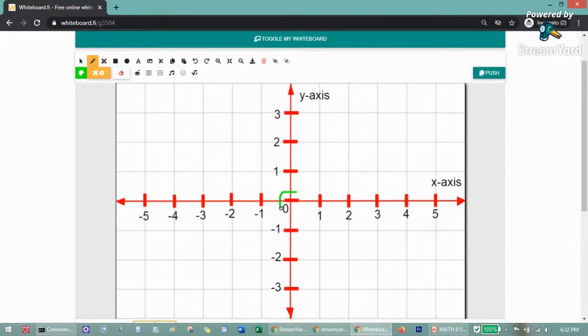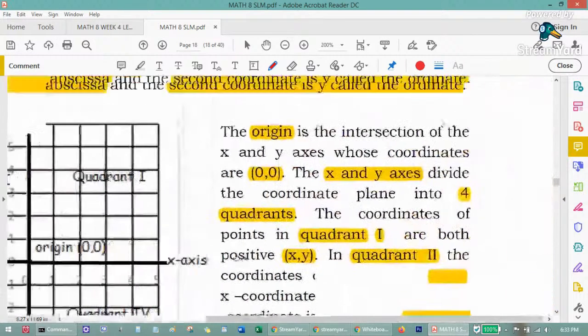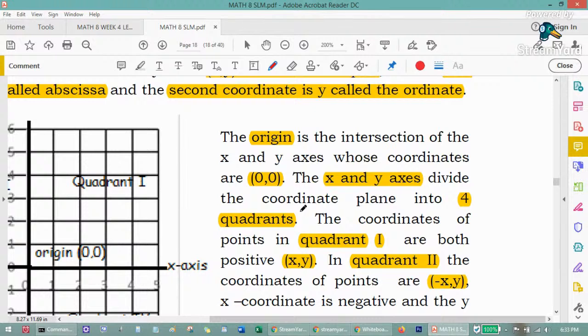So, this is the intersection. Tong point na to, this point is the intersection. So, yan. That is the origin. And the coordinate of the origin is x is 0 and y is 0. Okay, so that's origin.